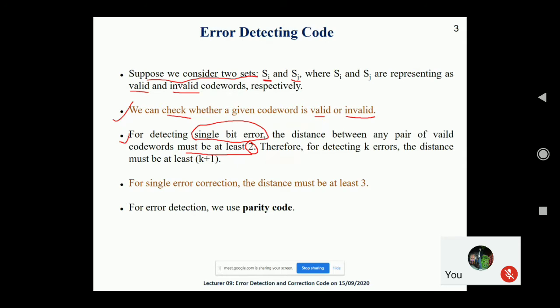Based on this concept, we can generalize: for detecting k errors, the distance must be at least k plus 1.